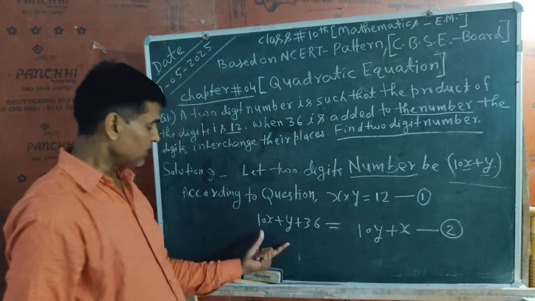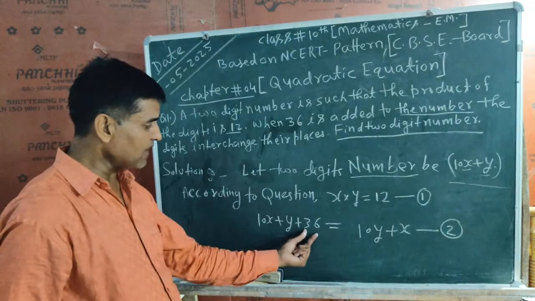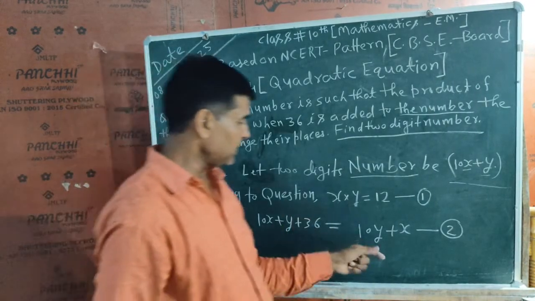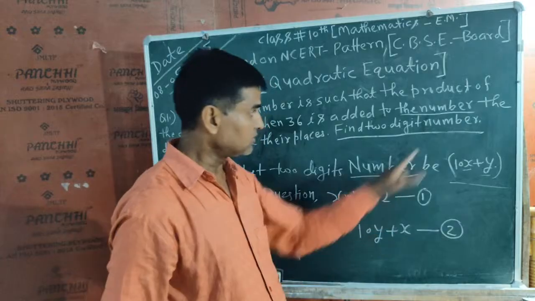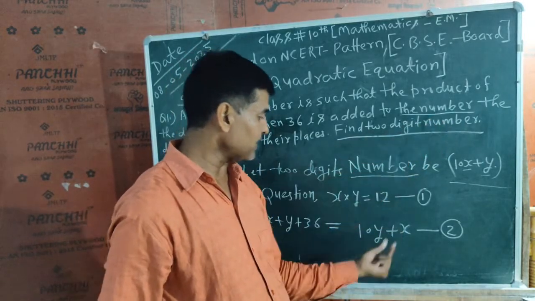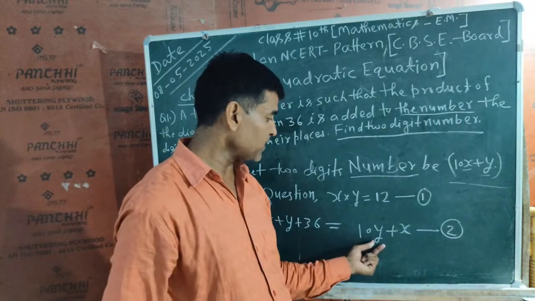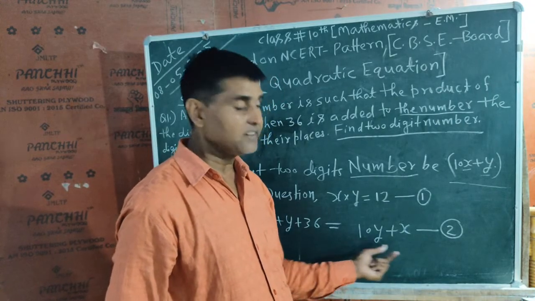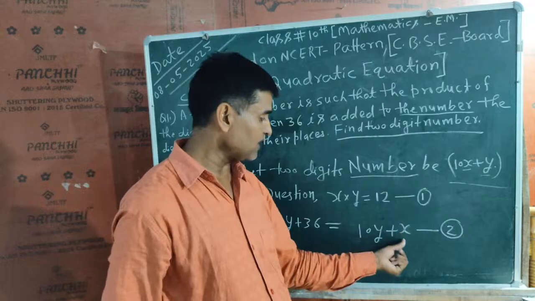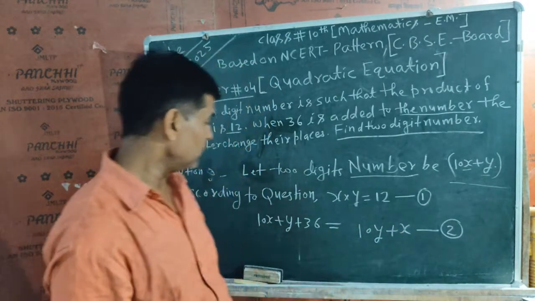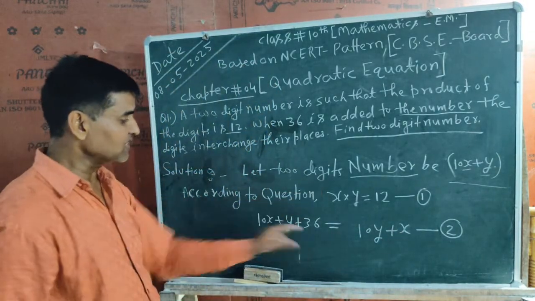So in the given number I have to add 36, and that will be equal to the number with the digits interchanged. Okay, student, now I will solve these two equations.